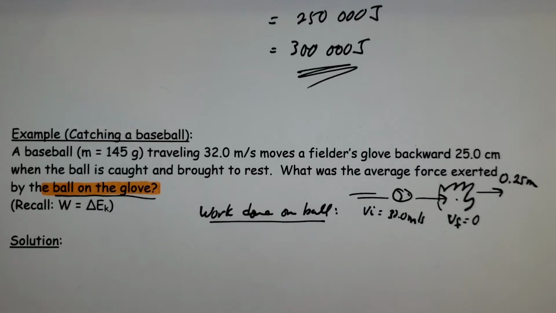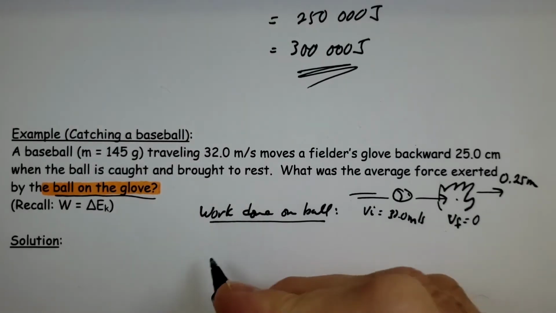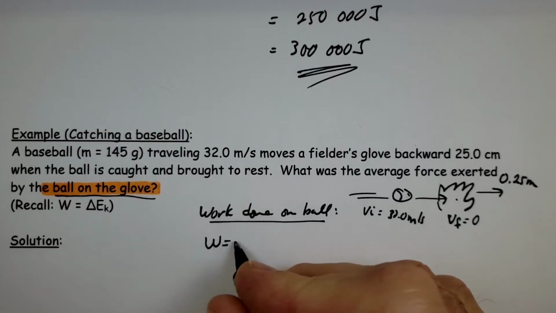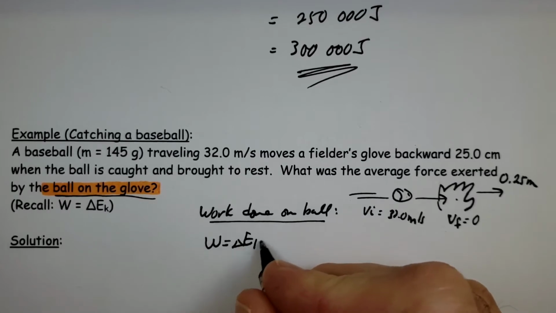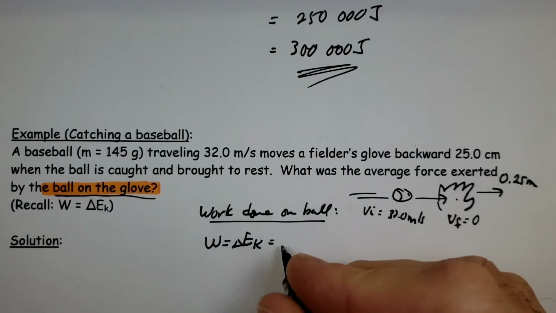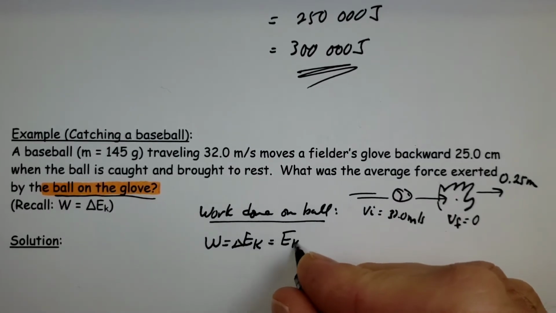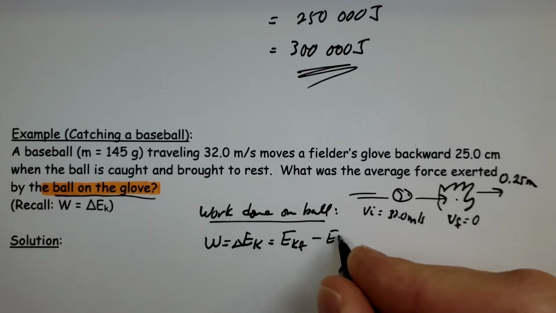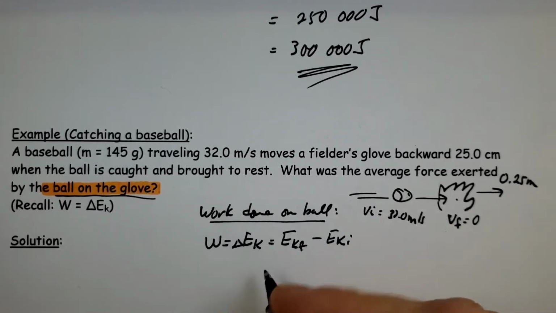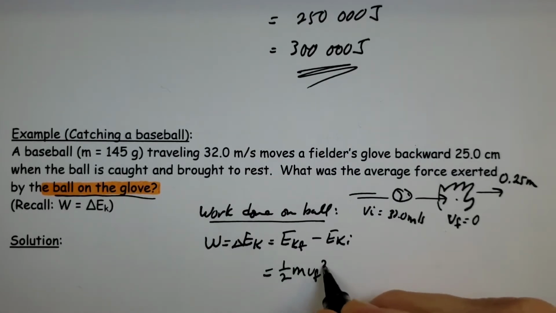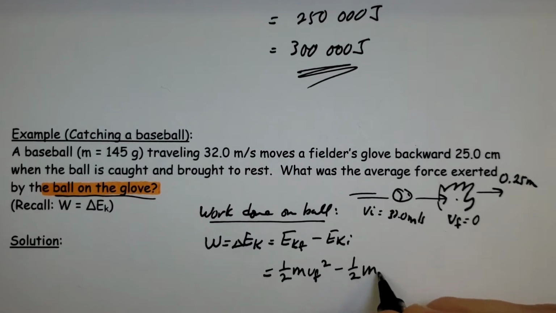We know something here, but we don't know enough to finish it. So work is equal to change in energy, and it's kinetic energy. And of course, this is kinetic energy final minus kinetic energy initial. And so that's 1/2 mv final squared minus 1/2 mv initial squared.